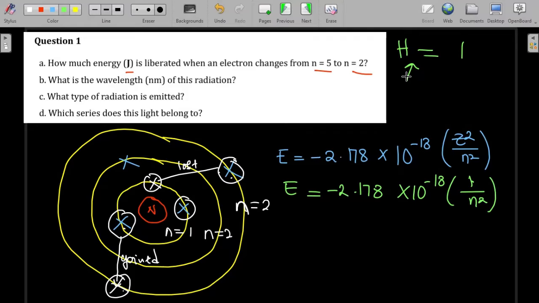So this formula tells us the amount of energy that a certain electron has in a specific energy level. If it is in energy level number 2, you are going to put 2 squared, and then you just punch it onto the calculator. That would be the amount of energy that a hydrogen electron has in that shell.